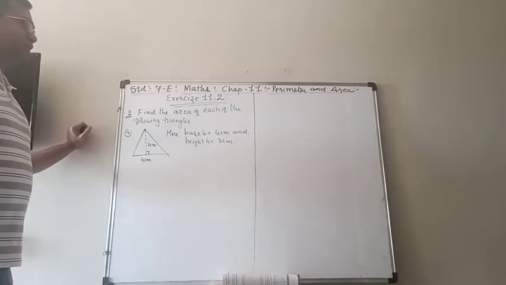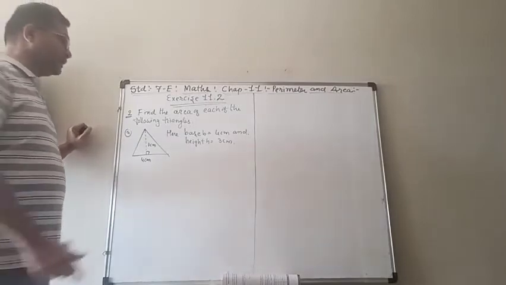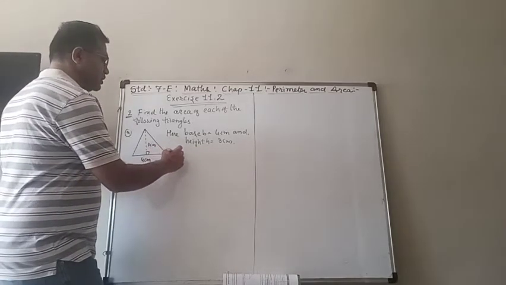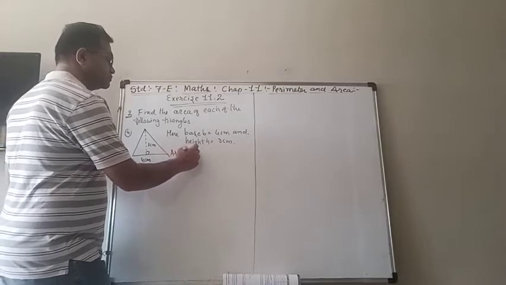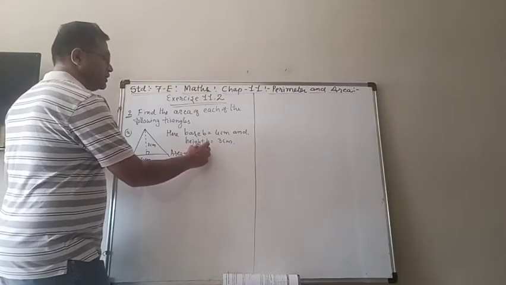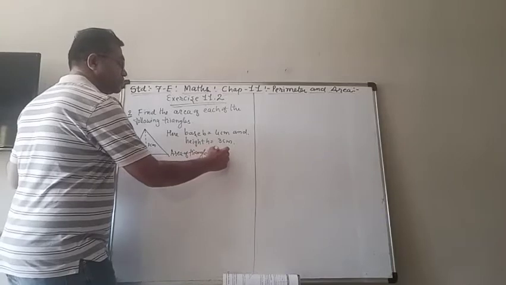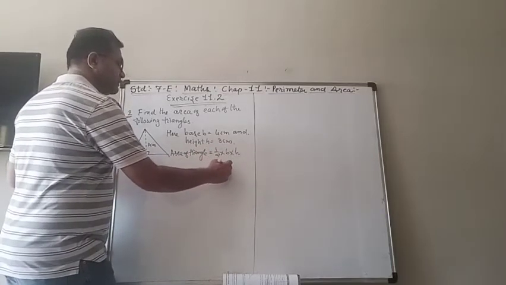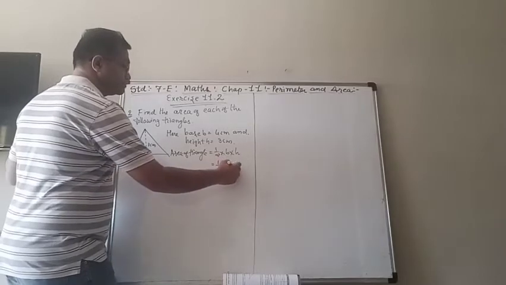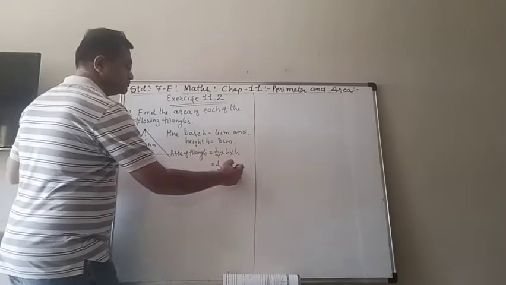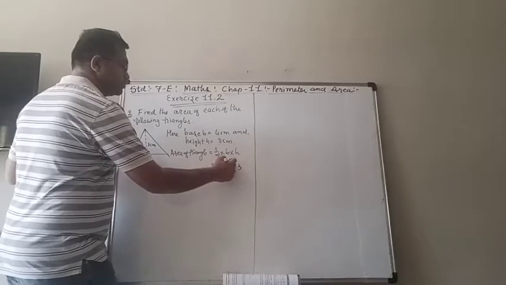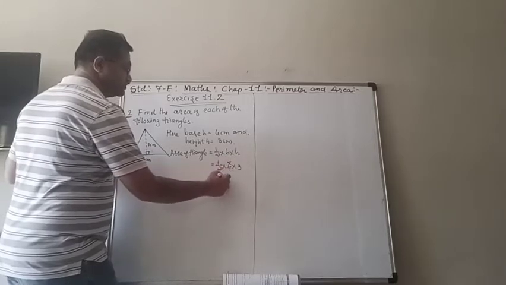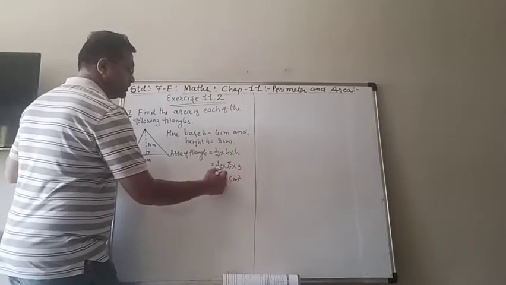And here be careful to put the formula. Area of triangle, in the formula there is 1 by 2 into B into H, that is 1 by 2 into 4 into 3. 2 2s are 4, so 2 3s are 6 centimeter square.